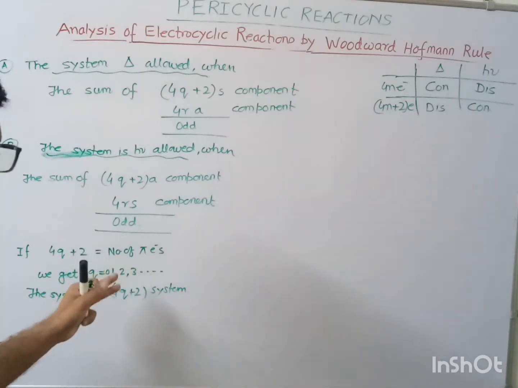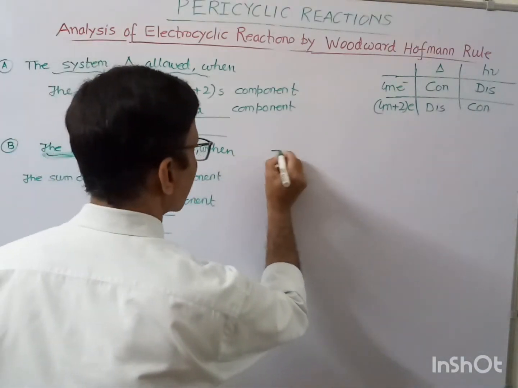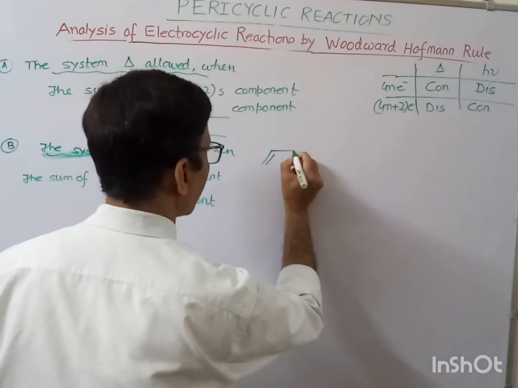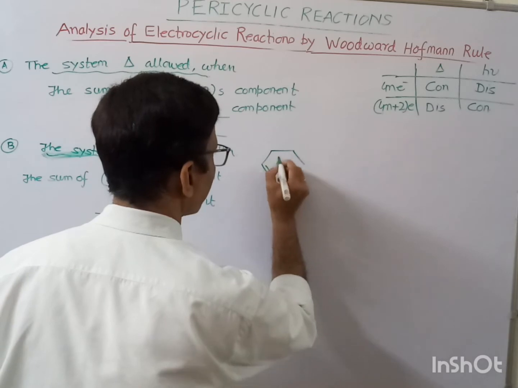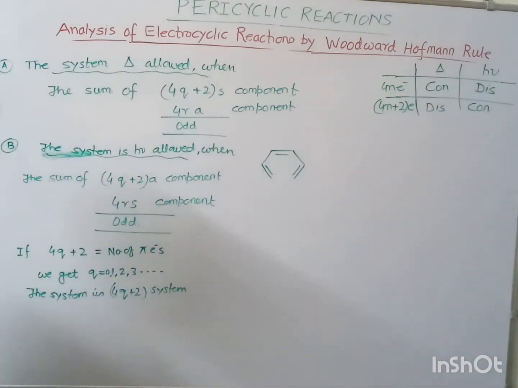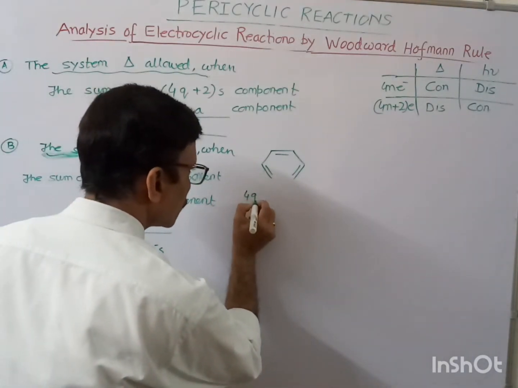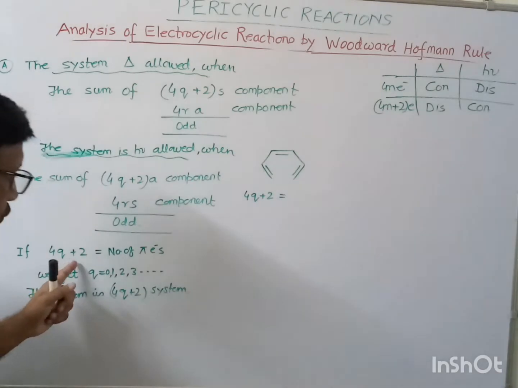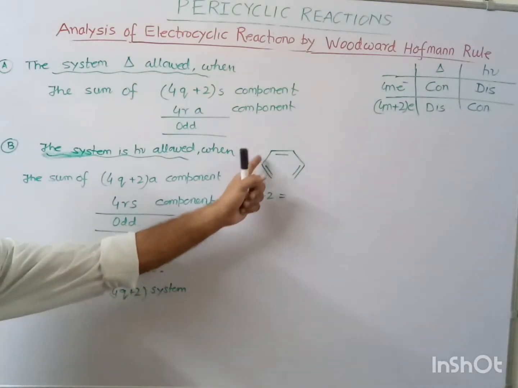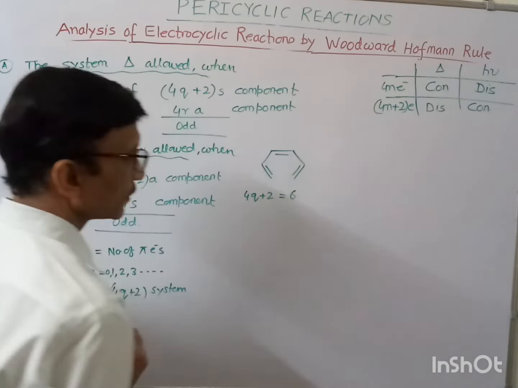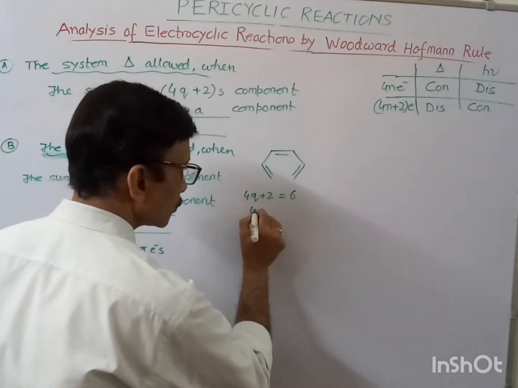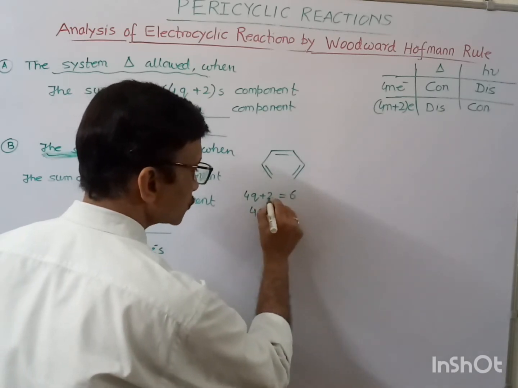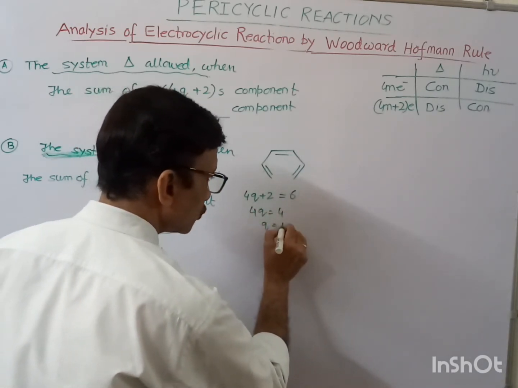Suppose I take hexatriene, and in hexatriene I put 4q plus 2 equal to the number of pi electrons. The number of pi electrons here is 6, so 4q equals 6 minus 2, that is 4, and q comes out to be 1.